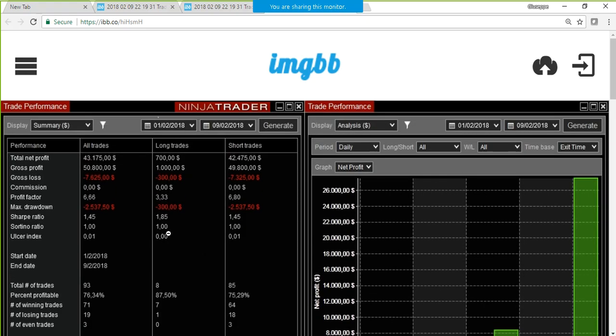You're talking about almost 30%, actually 30% profit here in 2 weeks on a 150K capital. And as you can see here, 50,800 in gains with 7,000 lost.